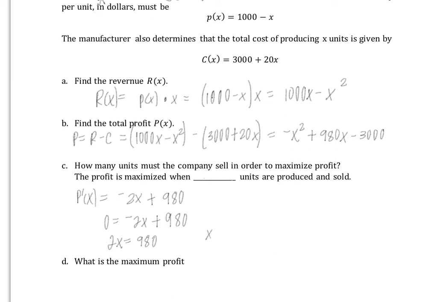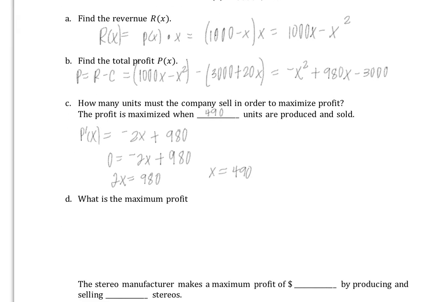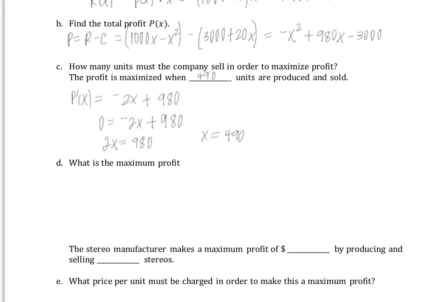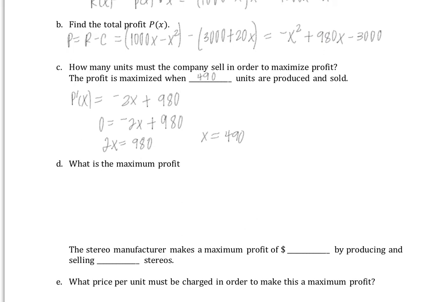And so that would be 490. So when 490 units are produced and sold, that's when the maximum occurs.